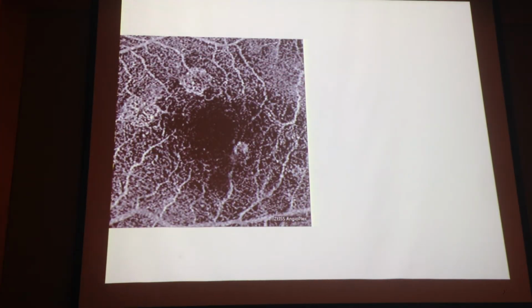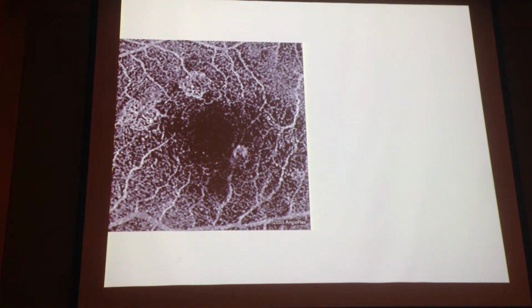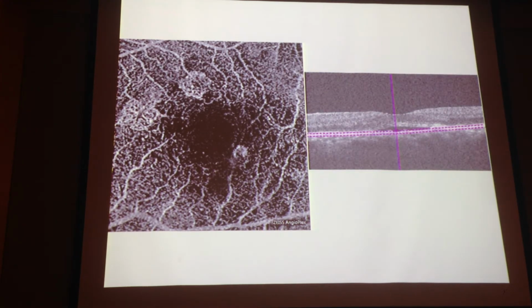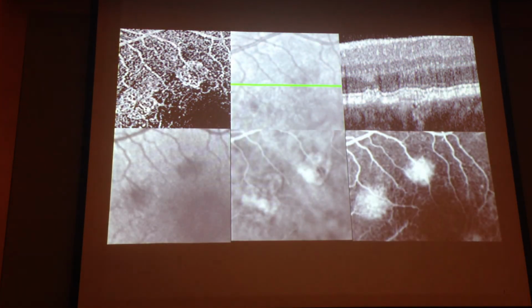Okay, thanks. So this is another patient who was diagnosed with an inflammatory CNV, and the CNV on the angiography was considered type 1, 2, and 3. Now, I will show you the OCT, but in particular all the imaging modalities.